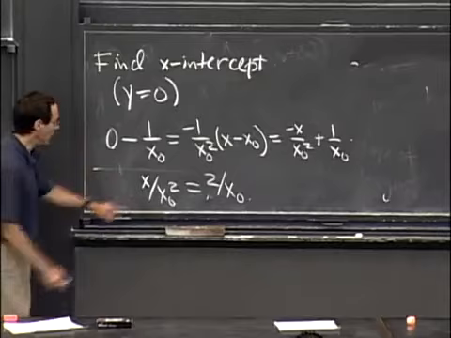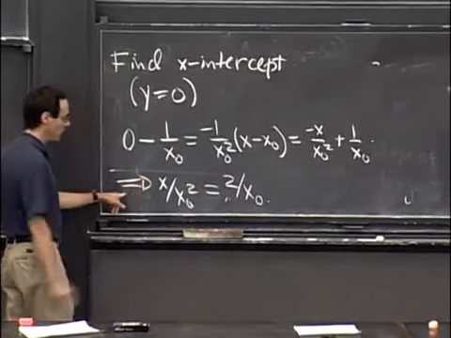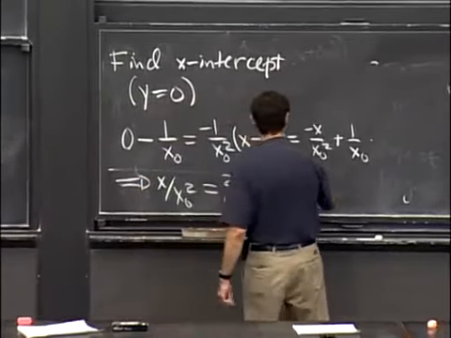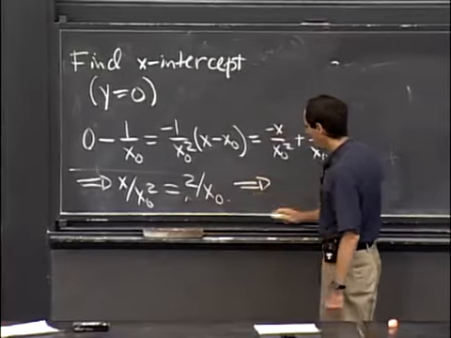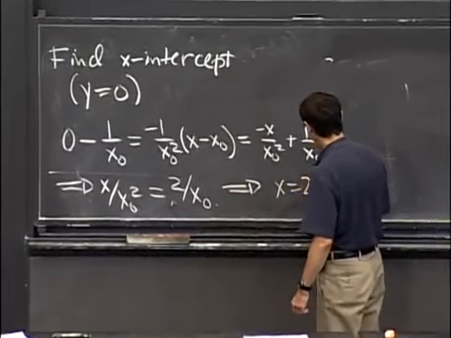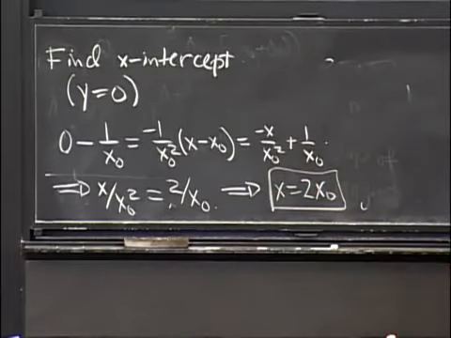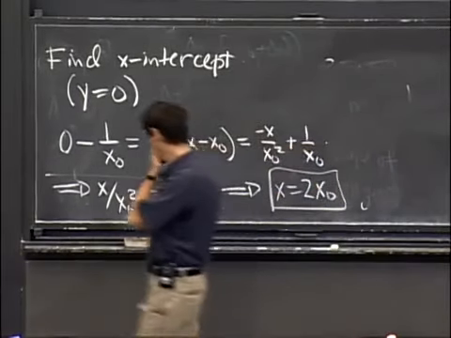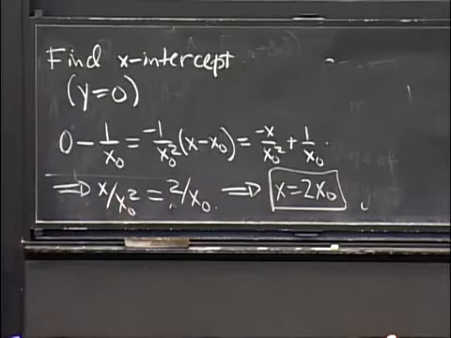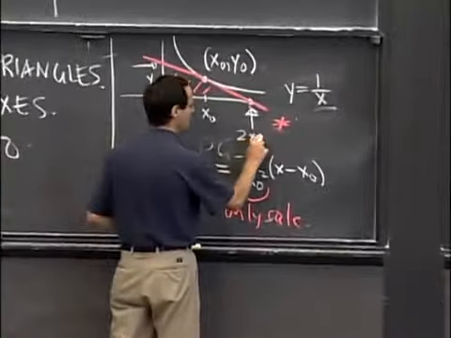And if I then multiply through by x0 squared, I get x is equal to 2x0. Okay, so I claim that this point we've just calculated, it's 2x0.